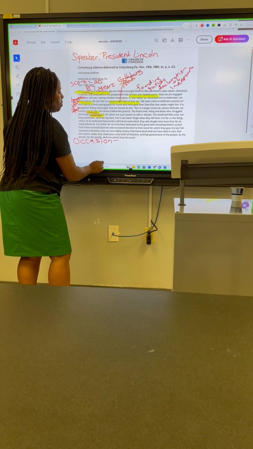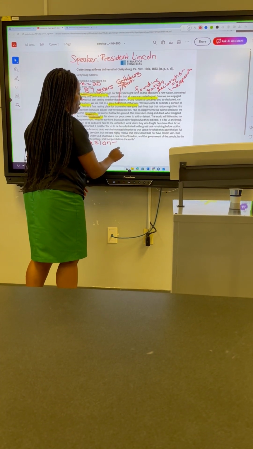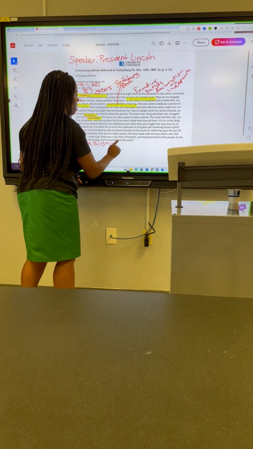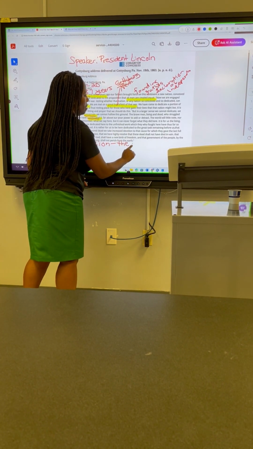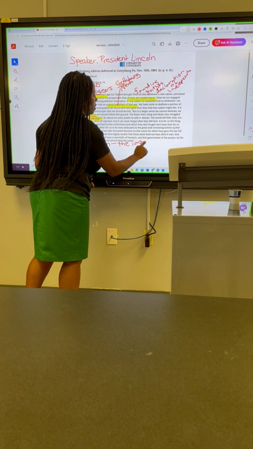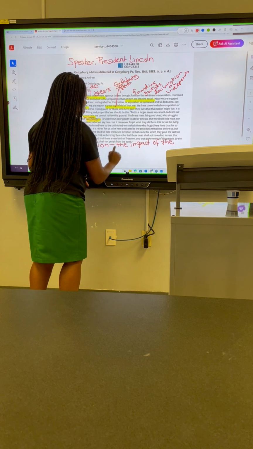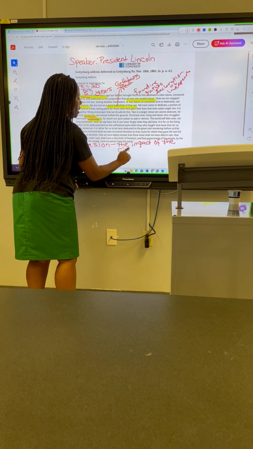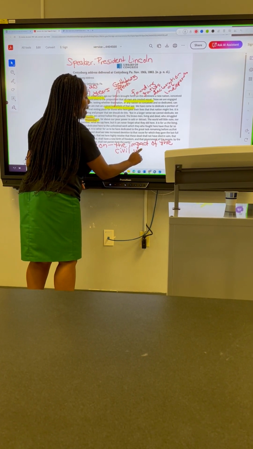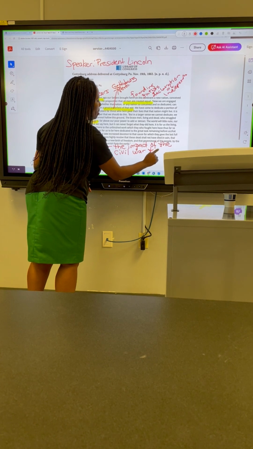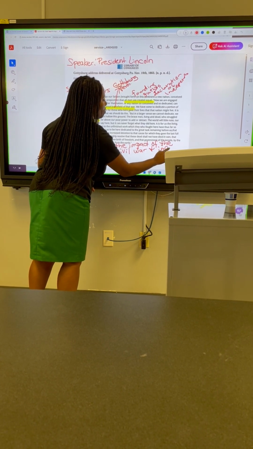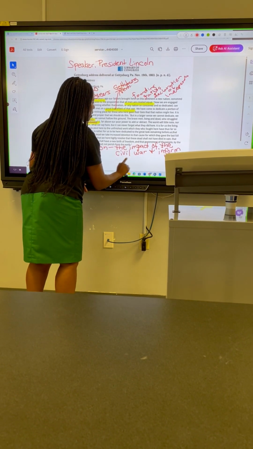The occasion for the speech is to talk about the impact of the Civil War, and to inform the audience.